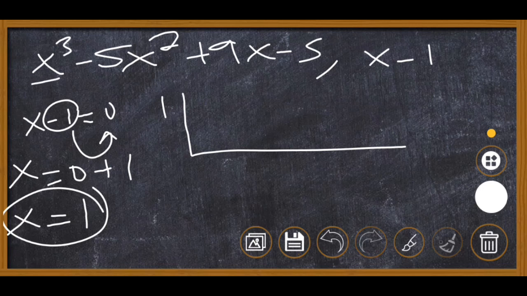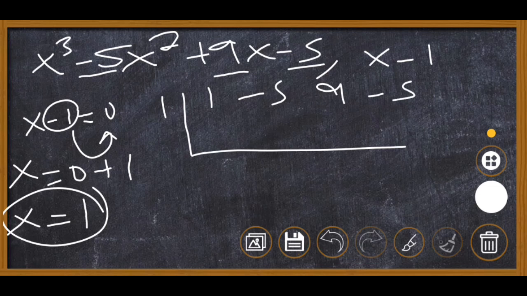So the coefficient of x raised to power 3 is simply the value in front of x, which is 1. The value in front of x squared is negative 5. The value in front of x is positive 9. And the constant number is simply negative 5.